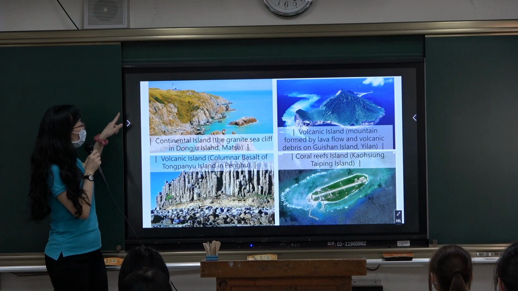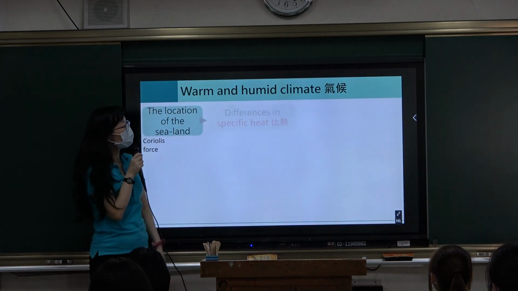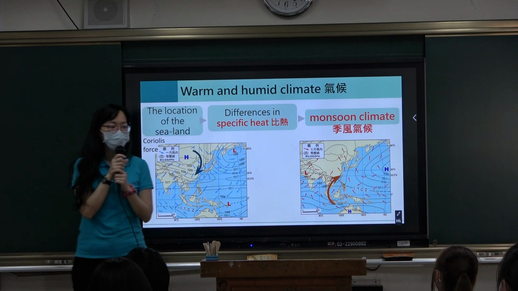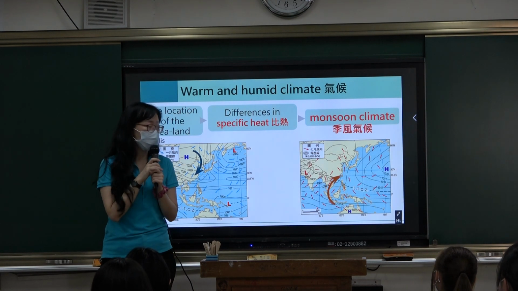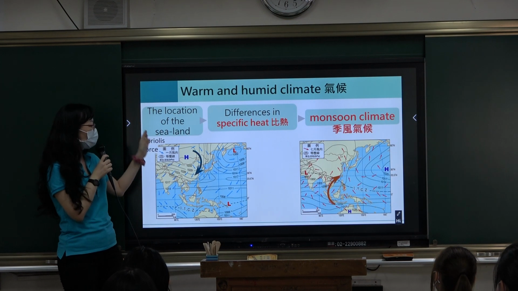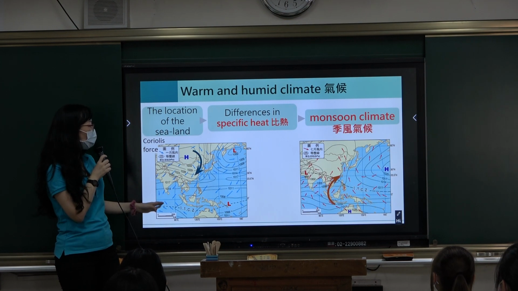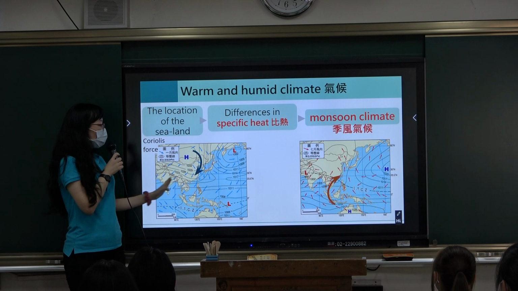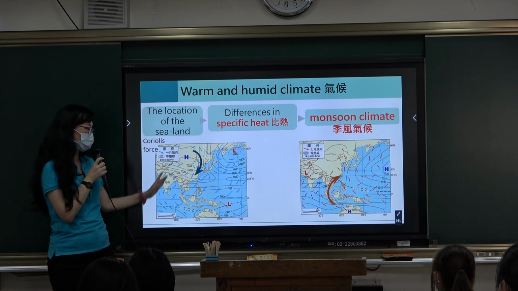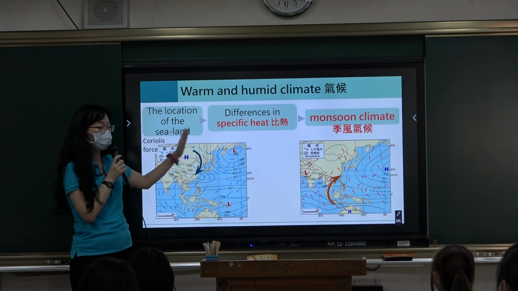And then move on, we talk about the climate. So what's our climate? Yeah, monsoon climate. Why do we have a monsoon climate? Because we actually have the biggest continent and also the biggest ocean. So the biggest continent is which continent?